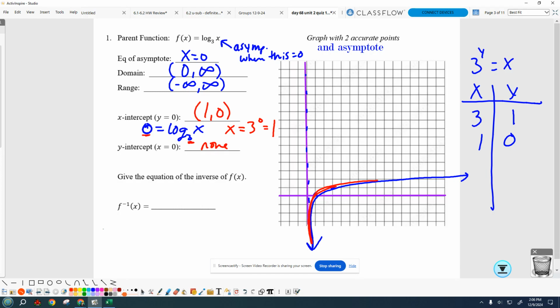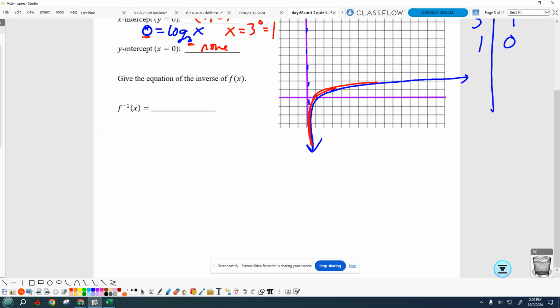All right. The thing that bothered every other class was find the inverse. Virginia, in Algebra 2, what was the first step to finding the inverse? Can we switch x and y? Okay, so to find the inverse, trade x and y.